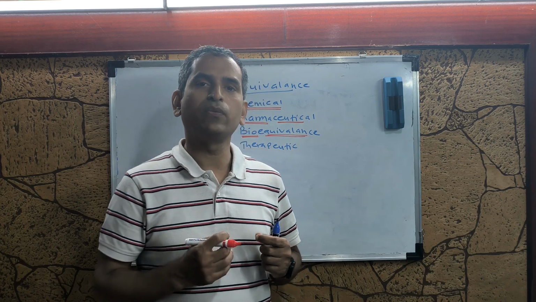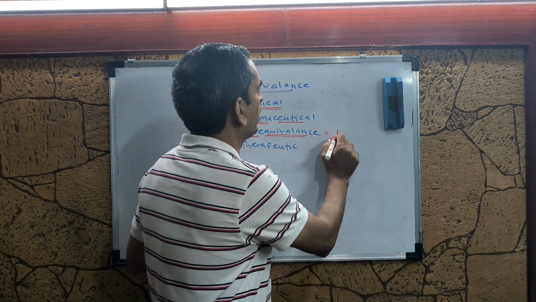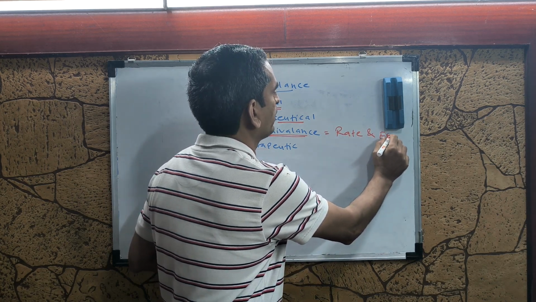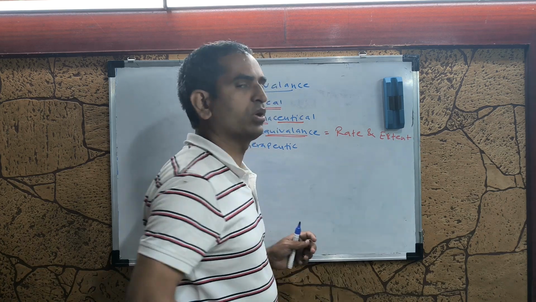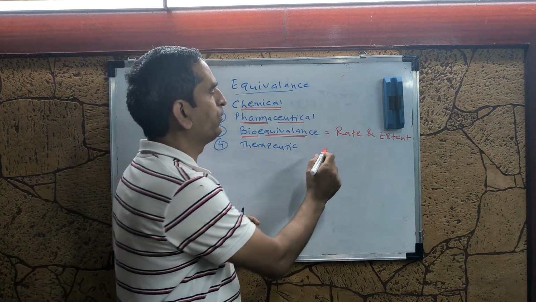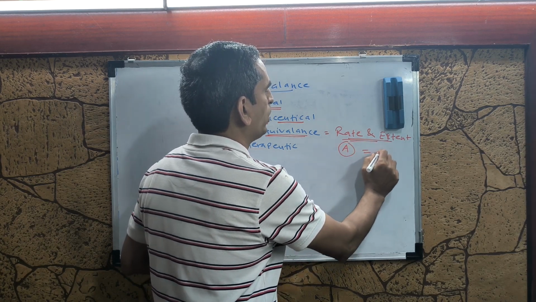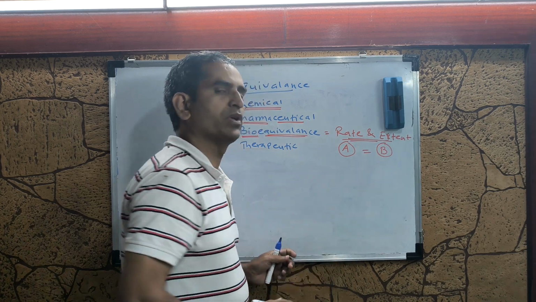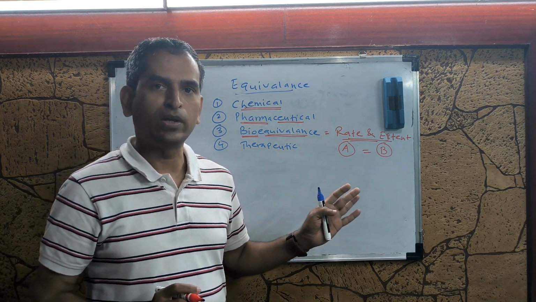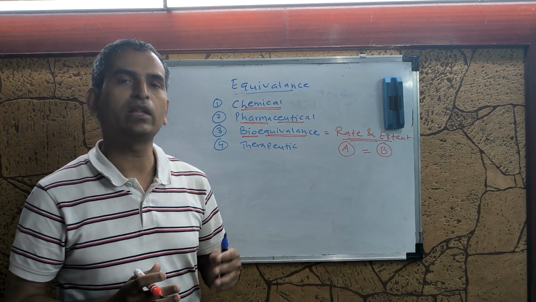Just to revise the definition of bioavailability: the rate and extent of absorption of the drug is called bioavailability. If the rate and extent of absorption of drug A is equal to the rate and extent of absorption of drug B, then it is called bioequivalent. That means drug A has similar bioavailability to that of drug B.